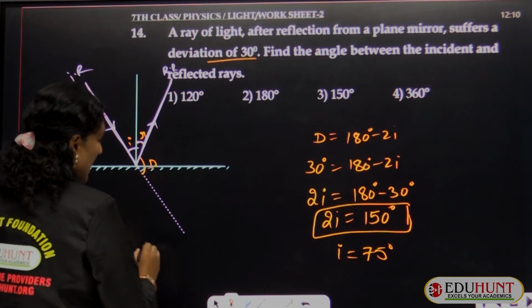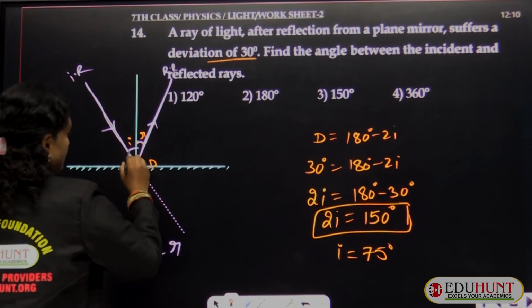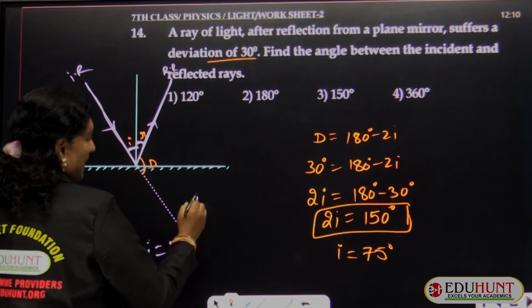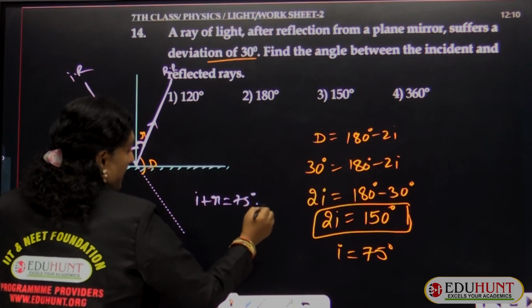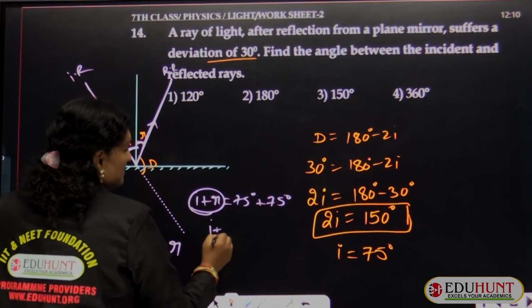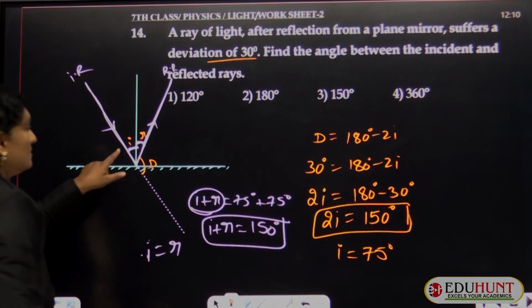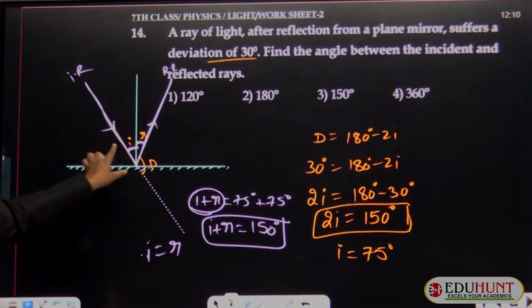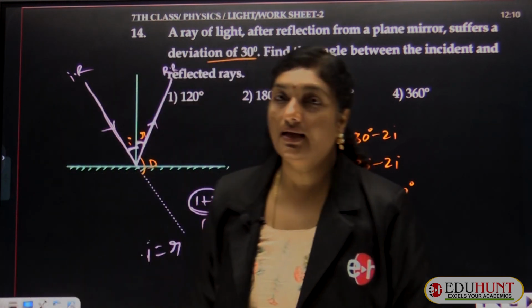But we know that since i is equal to r, this total angle i plus r must be equal to 75 plus 75, hence 150 degrees. So, the total angle between the incident ray and reflected ray is found to be 150 degrees.